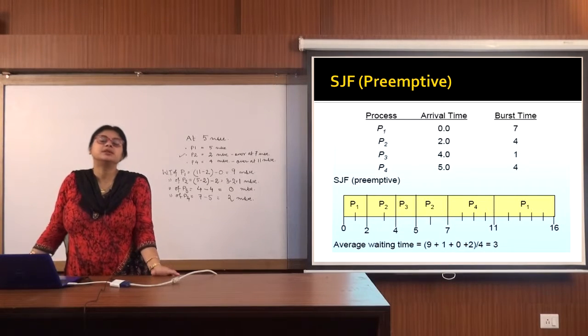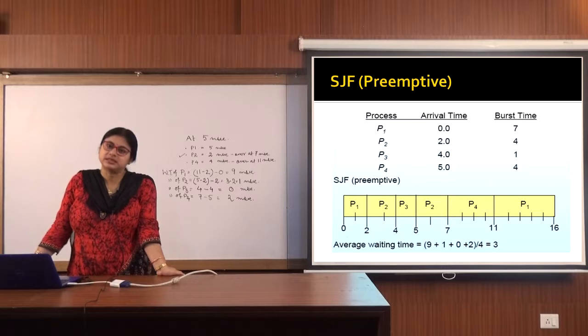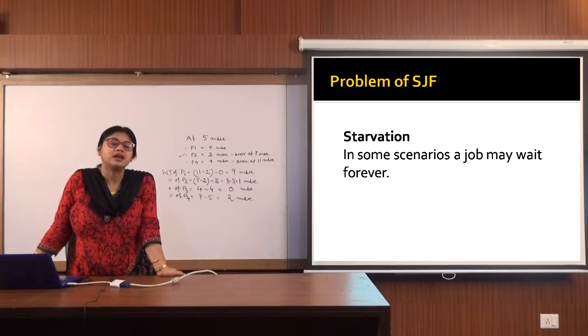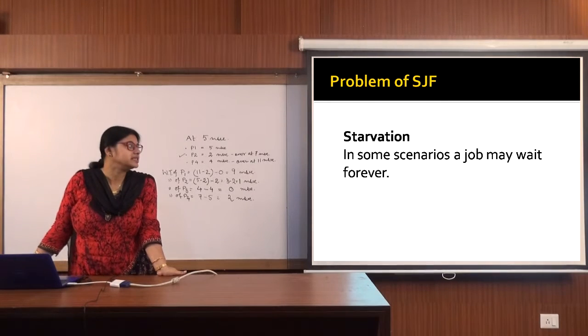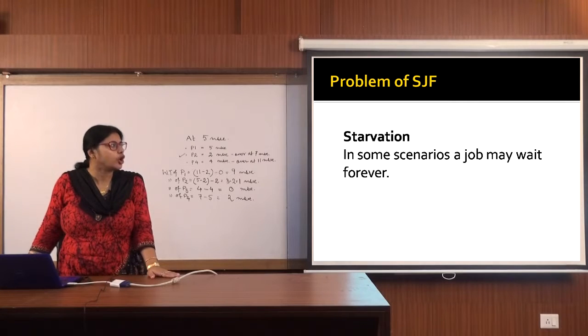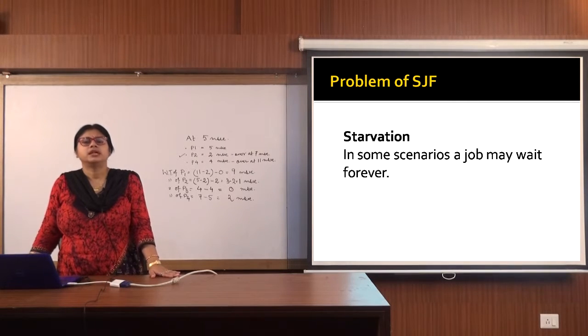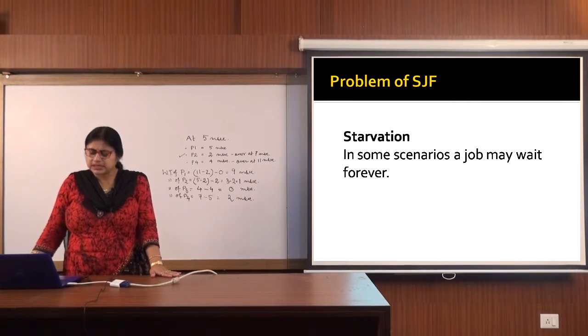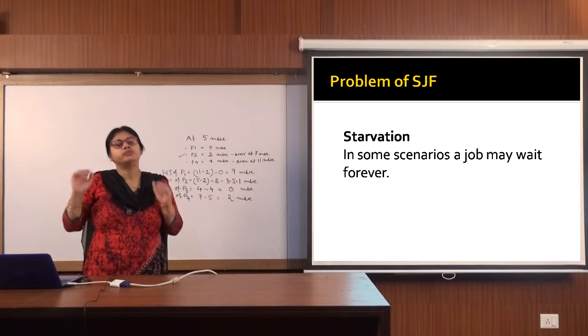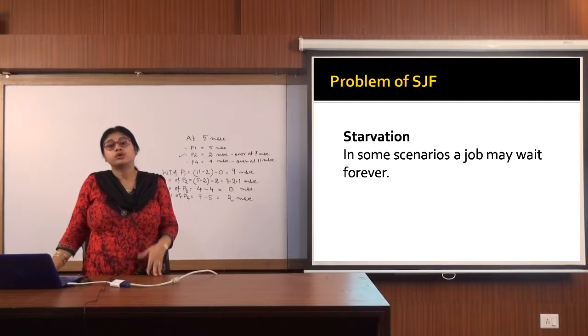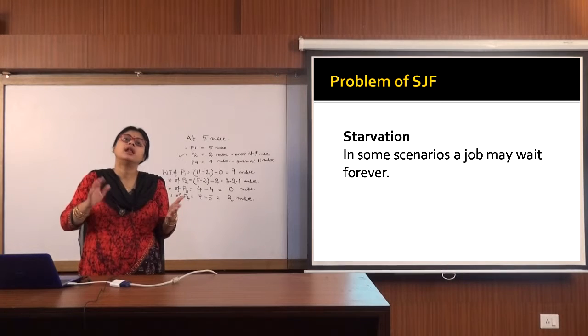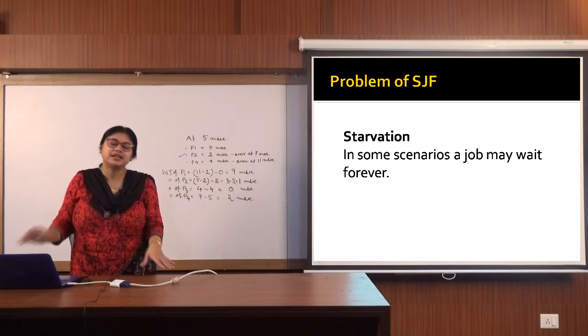Now there are some problems associated with SJF, that is starvation. Starvation says that in some scenarios a job may wait forever. Say one process is having very long burst time, so definitely it will be allowed later to get inside the CPU.